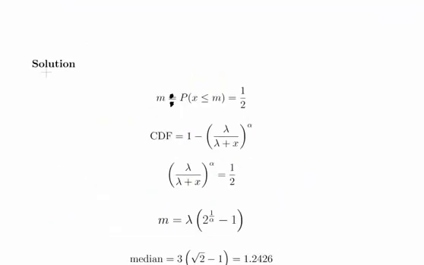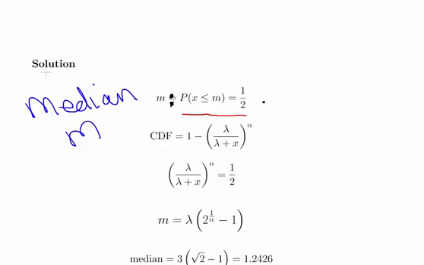So the first question is about the median. The median we're going to denote here as m. The thing about the median is that the probability of x less than or equal to m is equal to 0.5. This is the form of the CDF, the cumulative distribution function, that we're going to use, and what we're going to do here is rearrange that.